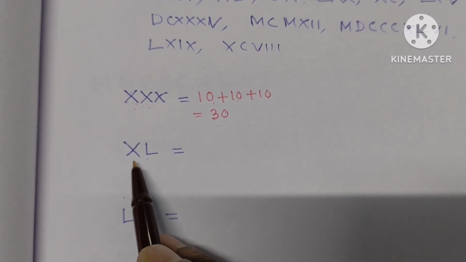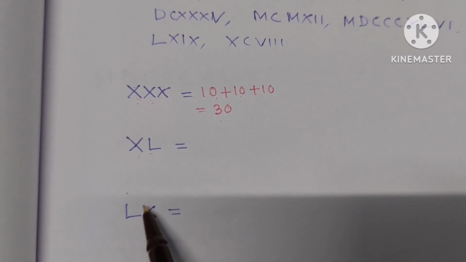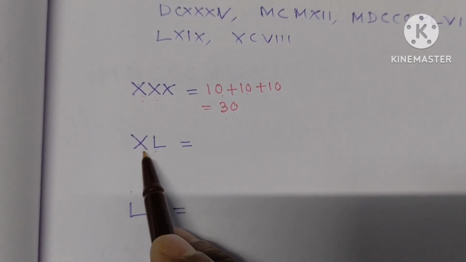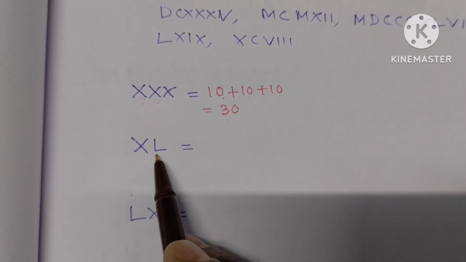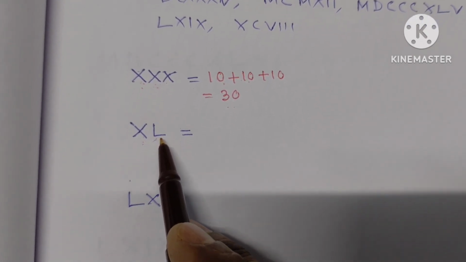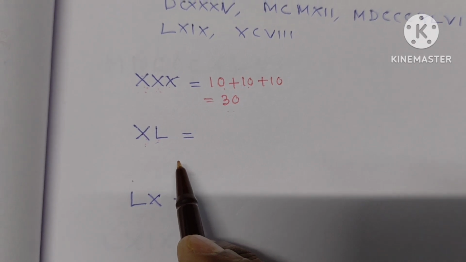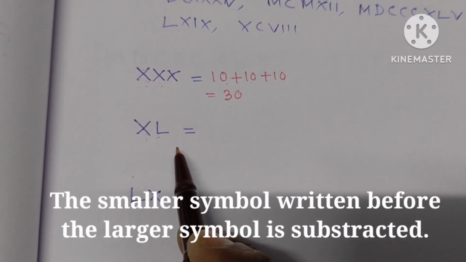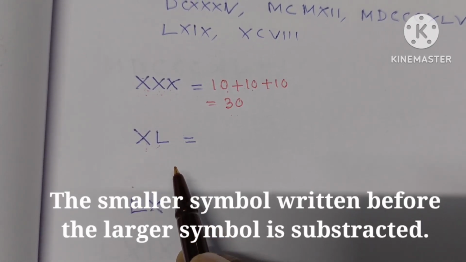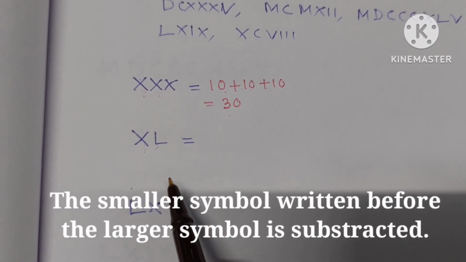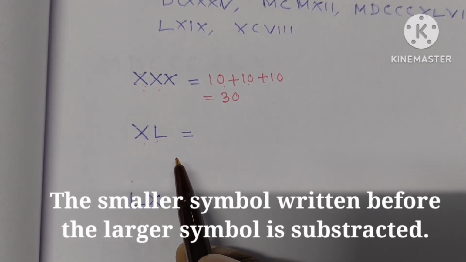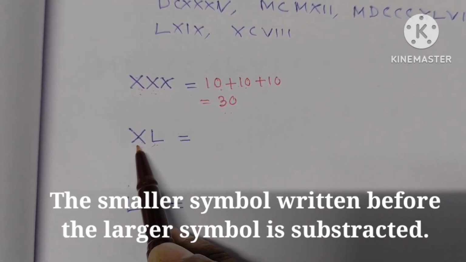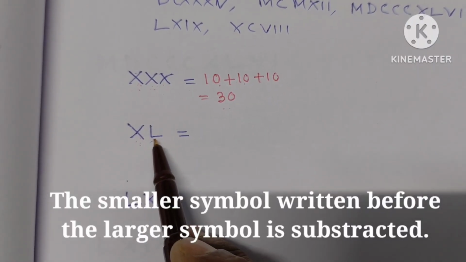Let's move to the next one, XL. It is given in Roman numerals, and we have to convert it into Hindu-Arabic numerals. We know that the smaller symbol written before the larger symbol is subtracted. This one is the larger, this one is the smaller symbol. So what do I have to do?